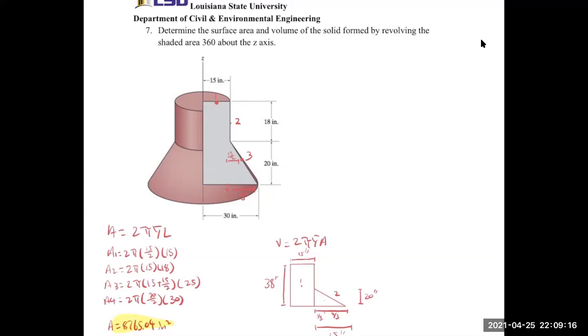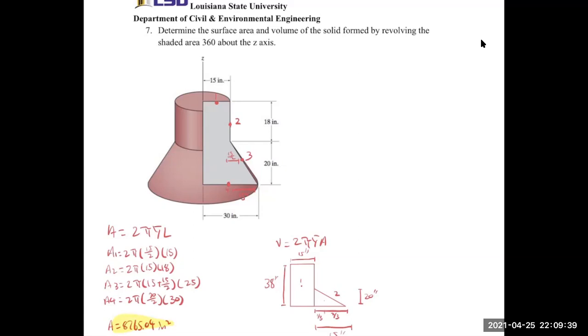And then A2, I consider A2 is right here, because I'm doing the area, so I have to consider every edge, like the perimeter. So that's why I have to consider this point, this point, this point, and this point, because that's basically what we do when we do the areas.